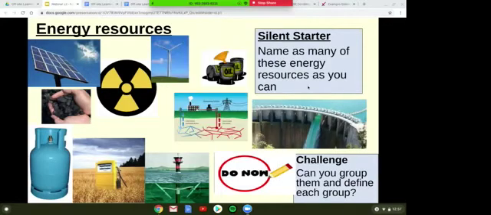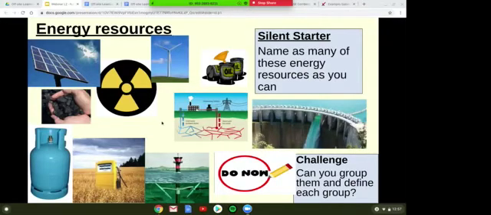So we're just waiting for a few more people to arrive in order for us to begin. The session actually starts at 1 o'clock, so we've got a few minutes before that. If you have just arrived, I'd like you to look through the silent starter that's being projected to you at the moment and see if you can name as many of the energy resources from these pictures as you can.